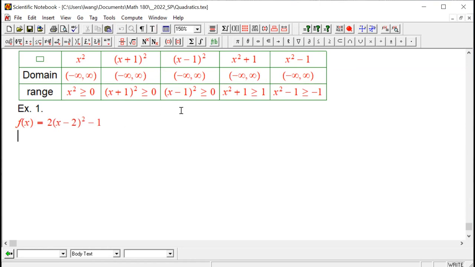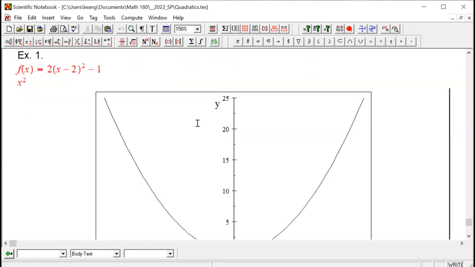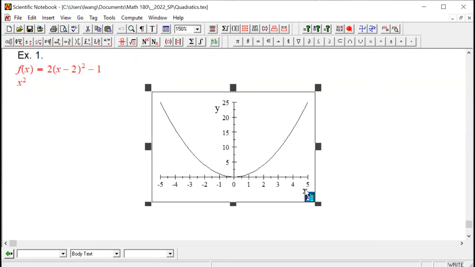How does it work? We don't have to plot points, because we know that going from x squared to x minus 2 squared is just shifting to the right by 2 units. So we're going to start from x squared.